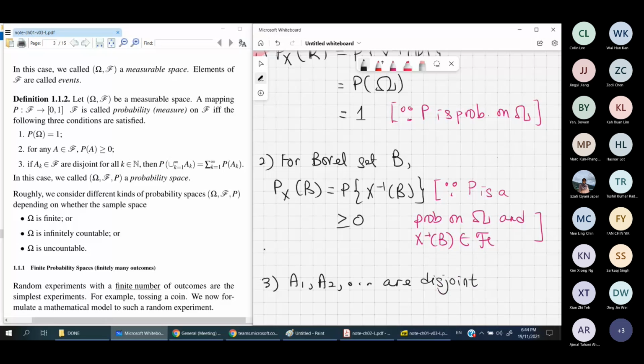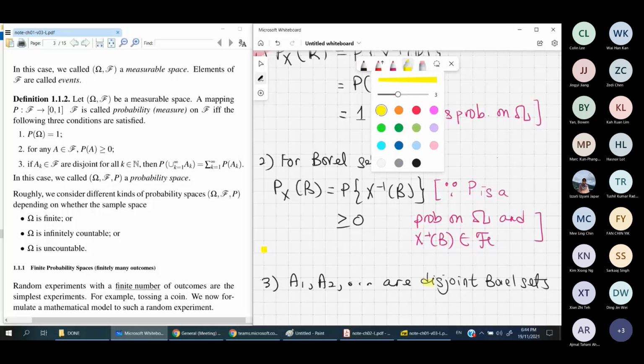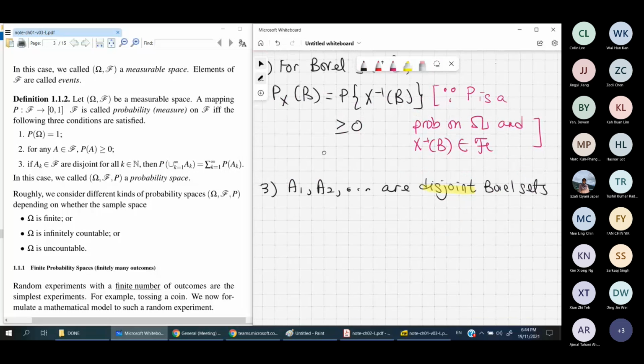First of all, this is very important: we only consider disjoint ones. We want to show this relation always holds, so we can just do the calculations. P_X of the union of all the A_k, again according to the definition, is P of X inverse of the union of all the A_k.